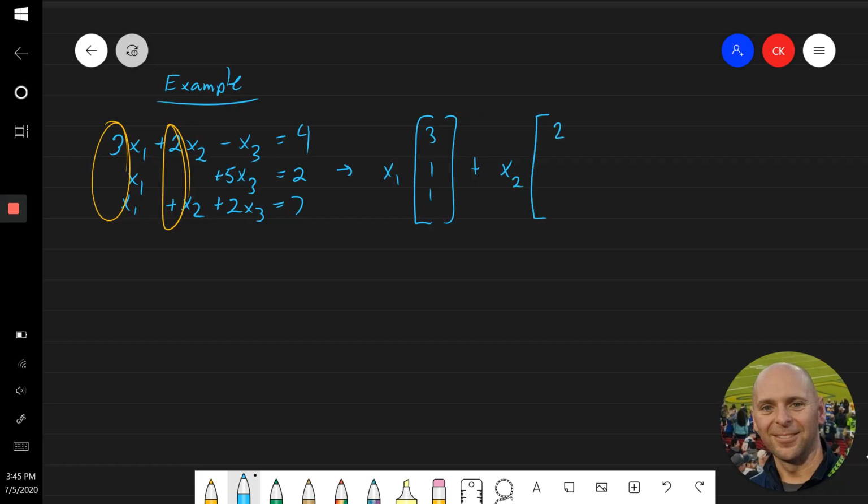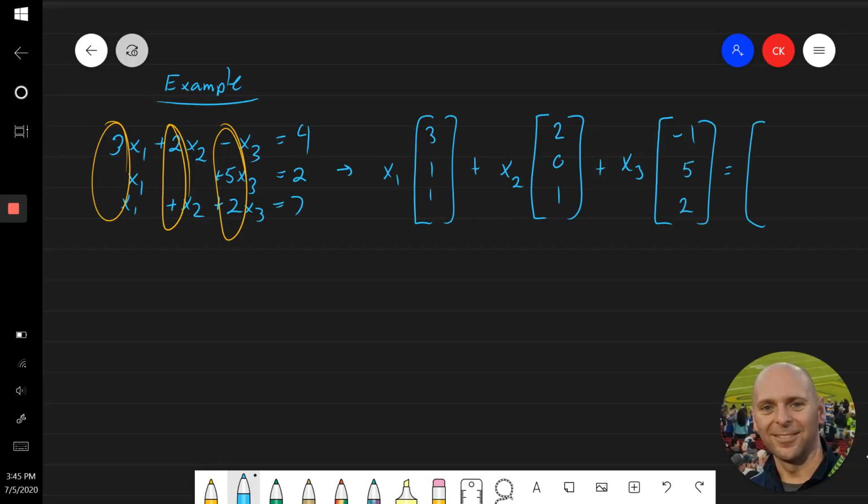So 2, 0, 1, plus, lastly, x3 times the coefficients on x3, which would be minus 1, 5, and 2. And then that would be equal to 4, 2, 7. So just yet another way that we could represent a system of equations.